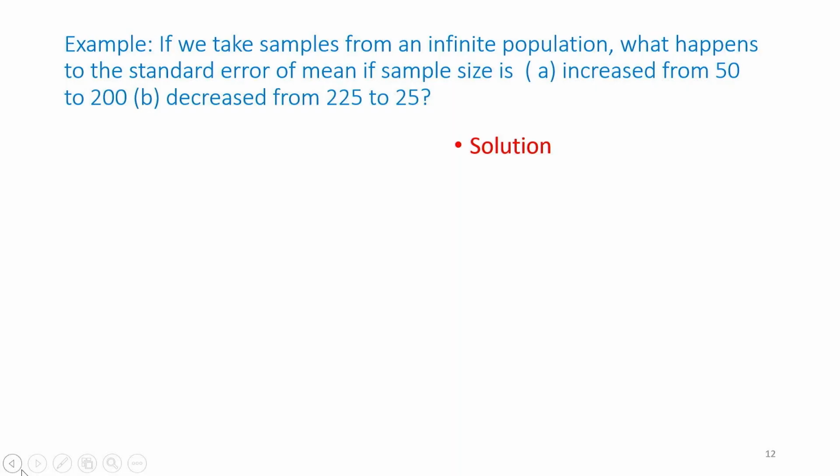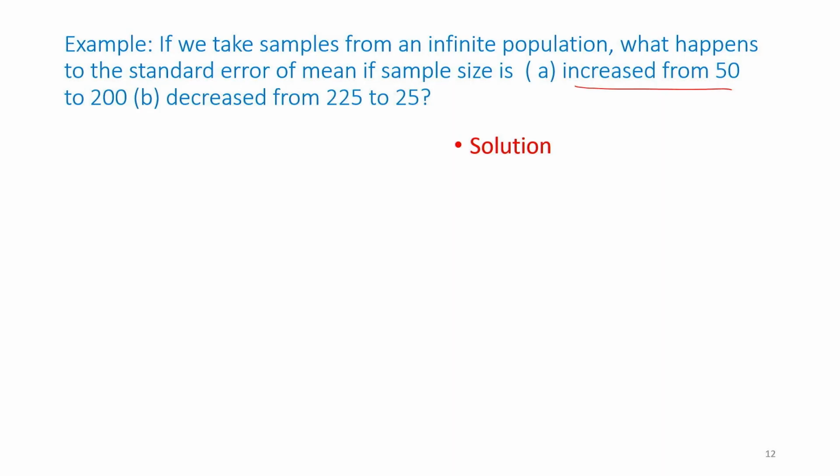Or we can decide some other thing, maybe 25 students in each sample, or 10 students for each sample. This can be decided, and there is different logic for what the sample size should be. But anyway, let us say in this case, what happens to the standard error of the mean if the sample size is increased from 50 to 200, or decreased from 225 to 25?